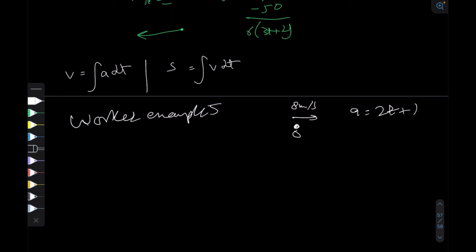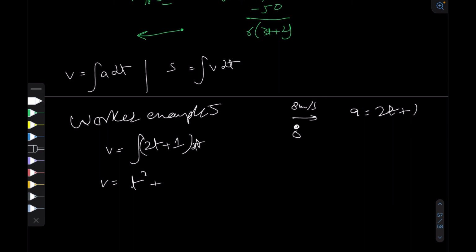And so velocity would be the integral of 2t plus 1 with respect to time, and this would basically give us t squared plus t plus some c. Right now, here we know that when t is equal to 0, the velocity should be 8.